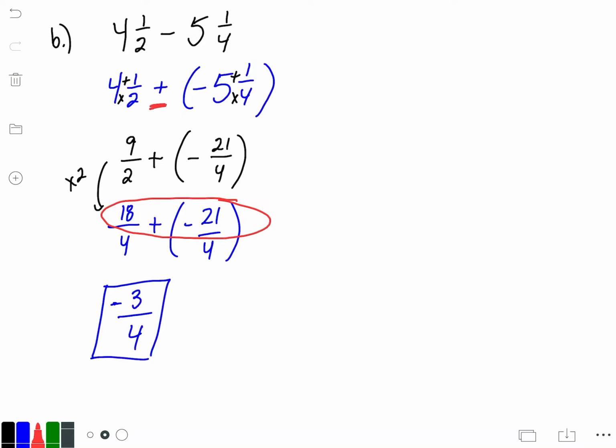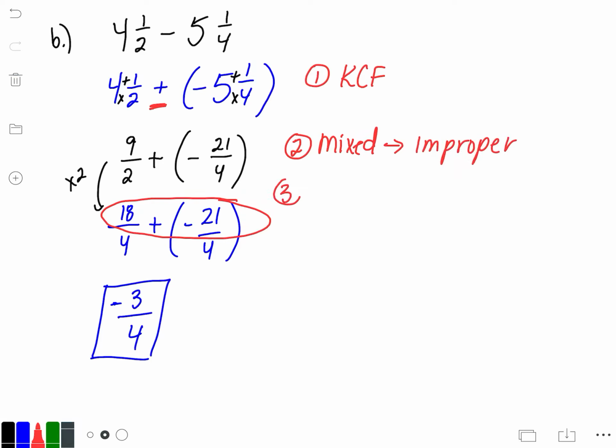Let me label these steps again. You don't need to do this if you don't want to, but if you got confused when I made my little mistake there, this might be a good thing to do. So this was step 1, the keep, change, flip. This was step 2, mixed to improper. This was step 3, kind of in here where I multiplied times 2.